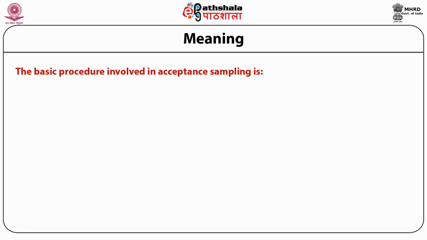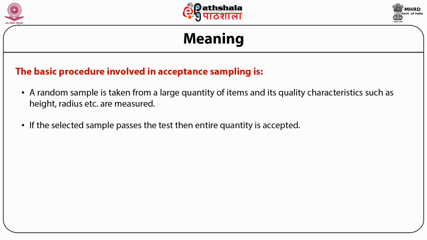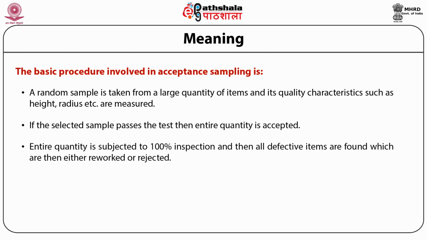The basic procedure involved in acceptance sampling is that a random sample is taken from a large quantity of items and its quality characteristics such as height, radius, etc. are measured. If the selected sample passes the test, then the entire quantity is accepted. If the sample fails the test, then either the quantity is subjected to 100% inspection and all defective items are found, which are then either reworked or rejected.